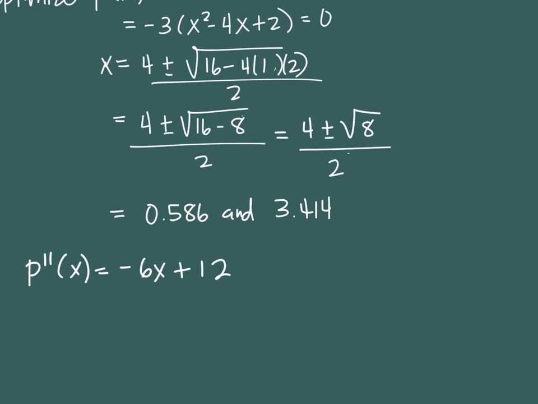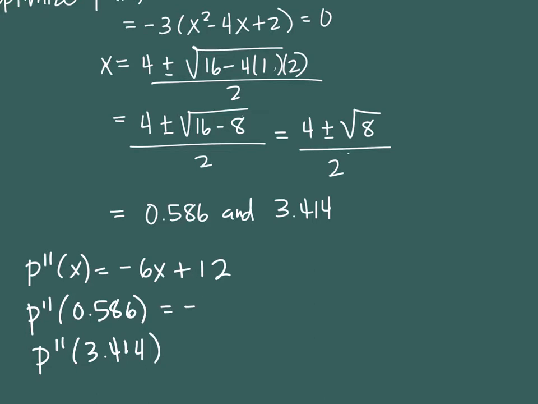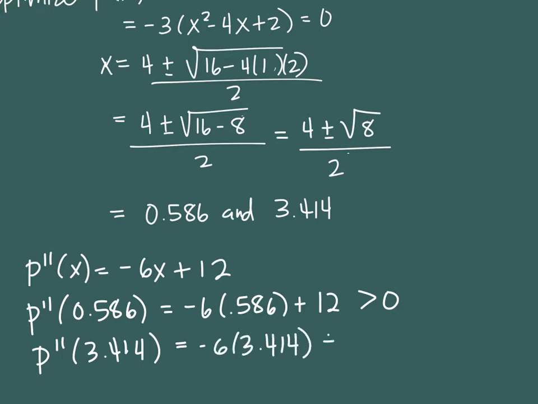And I can check what the values of p double prime of 0.586 compared to p double prime of 3.414 are. So negative 6 times 0.586 plus 12, that's going to give me a positive number. And negative 6 times 3.414 plus 12, that's going to give me a negative number.